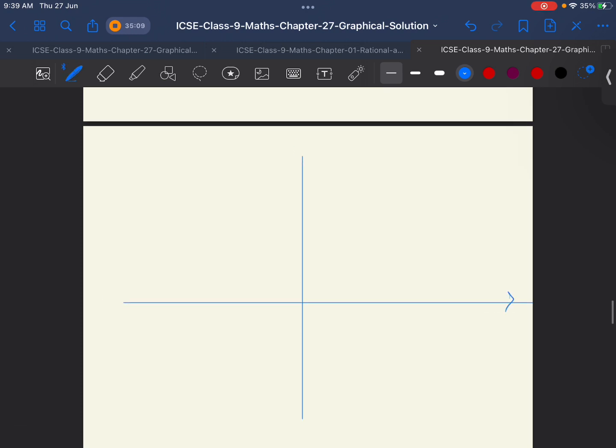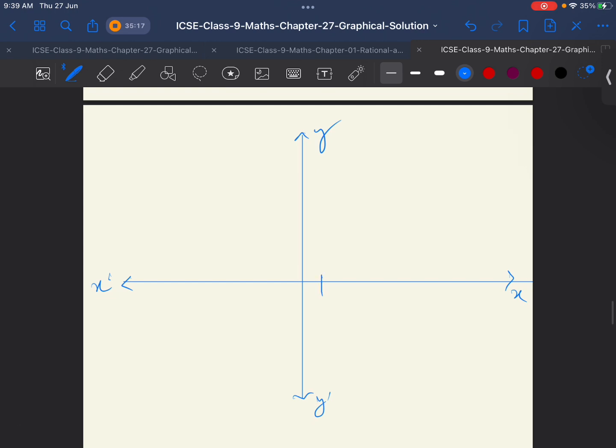Okay, now we plot these points in the graph. So this is x and x dash, y, y dash. Okay, so 2, 4, 6, 8 and 2, 4, 6, 8, 10, 12, on the y-axis 2, 4, 6, 8, 10.